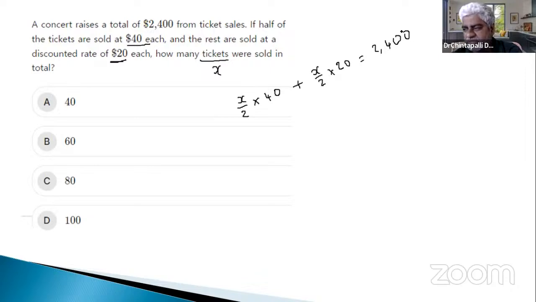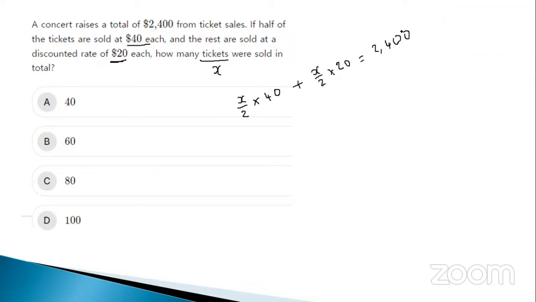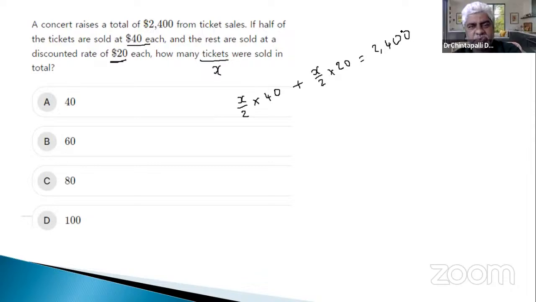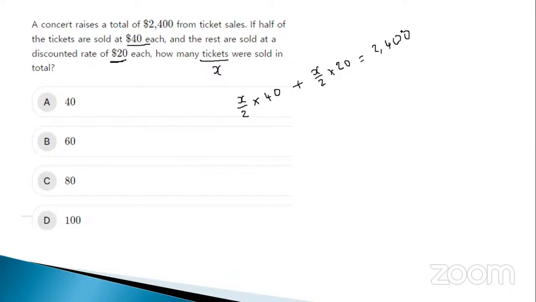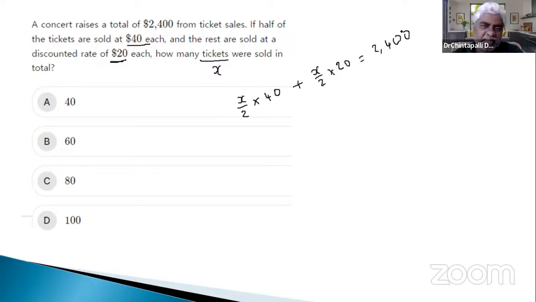Rani, can you answer this question? Yes, the answer is 60, sir. Why option 60? Oh, sorry, 80. Calculation mistake. 80, sir. Yes, correct.